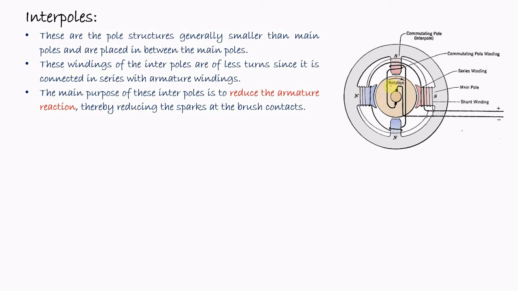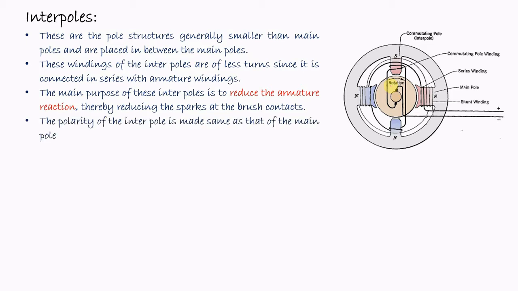And this magnetic field will oppose the stator magnetic field in two ways, either by cross magnetization or by demagnetization. This is considered as the armature reaction. So basically, the main flux will be distorted and the performance of the machine will be deteriorated. Therefore, interpoles are basically used to reduce the armature reaction.